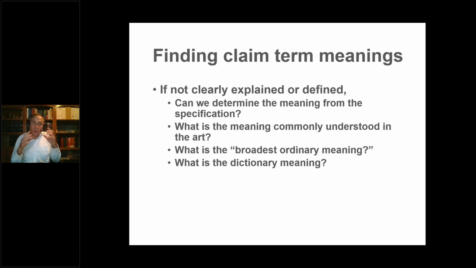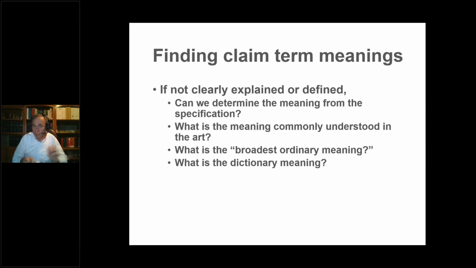Okay, so now when you want to find a claim meaning, there is a certain hierarchy of steps that you go through to get the claim term meaning. And these are actually, this is the way the patent trials do this. They have a thing called a Markman hearing where a judge will determine this word means this.